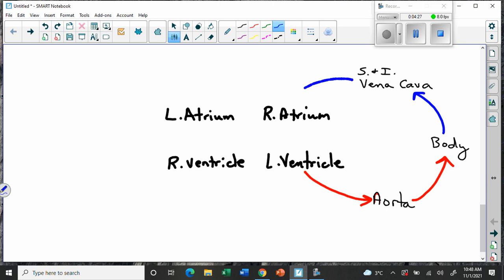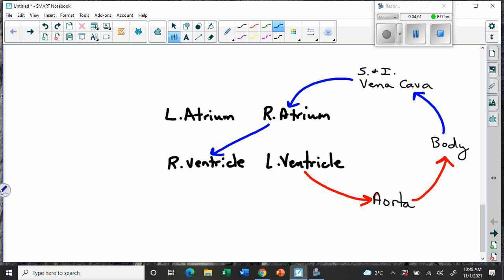And then it comes back and it pools in the right atrium on the other side of the heart. That's why the top part is reversed, because the right atrium is really on the other side of the heart. And then from the right atrium, it crosses downwards into the right ventricle through the tricuspid valve.